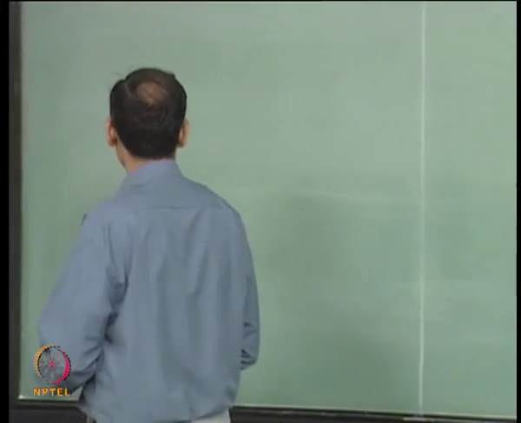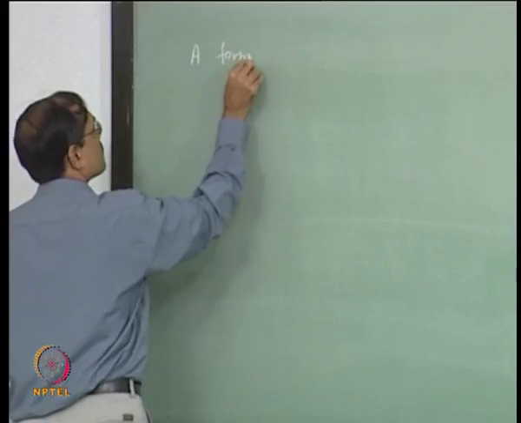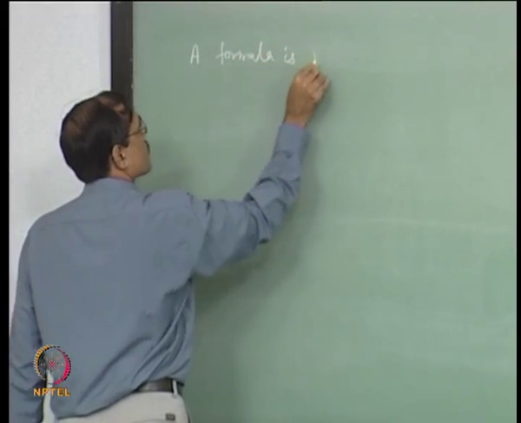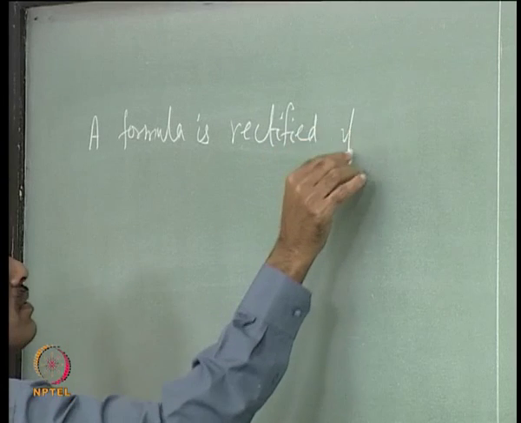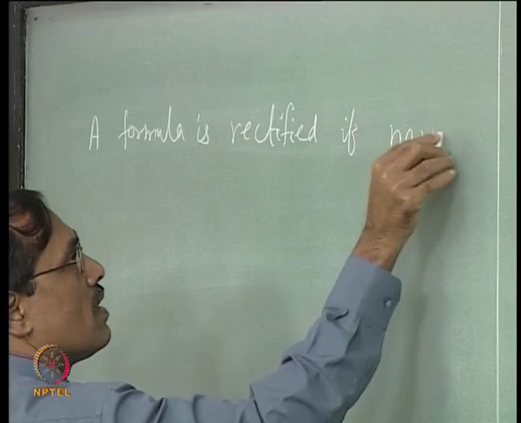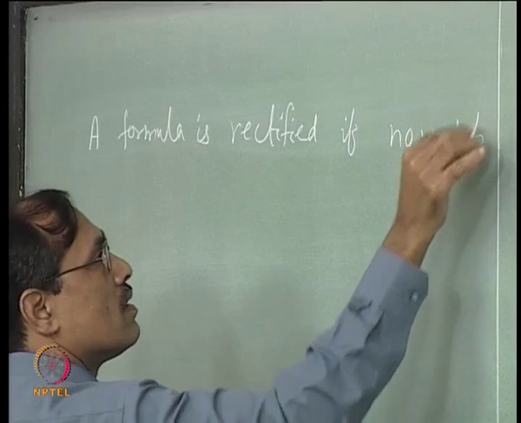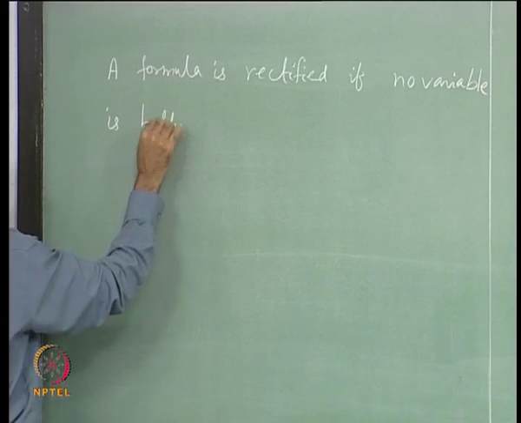We call that a formula is rectified if no variable is both free and bound.